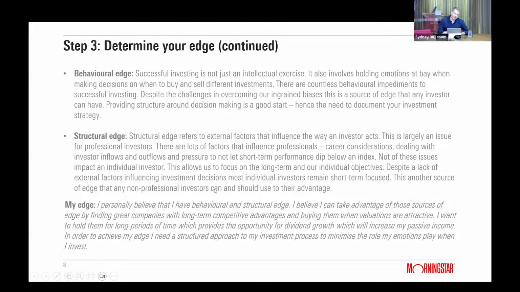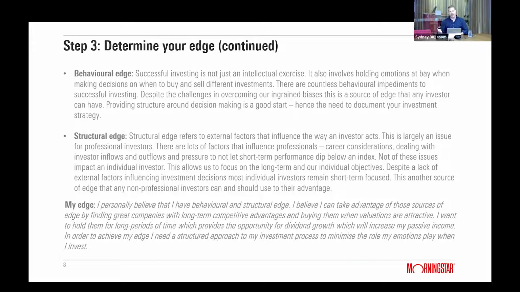2 other edges which I think that anyone can have. Doesn't mean it doesn't take a little work. So one is behavioral edge. So we talked about one of the reasons that we want to put together an investment strategy is to cut down on those behavioral mistakes. And if you are able to do that, and you can do that through structure, you can do that through discipline.